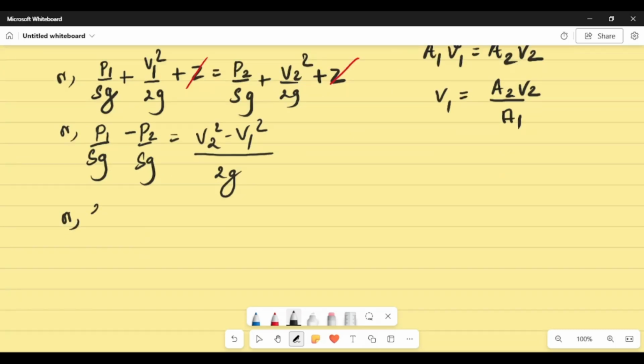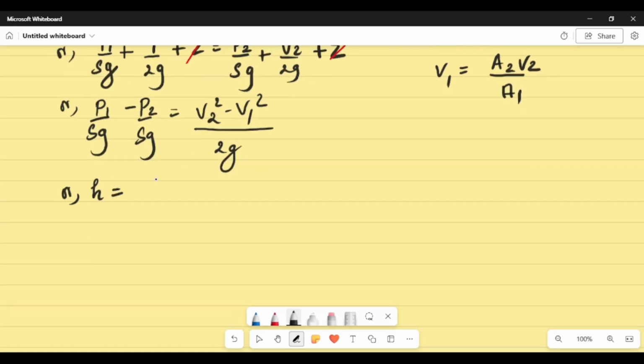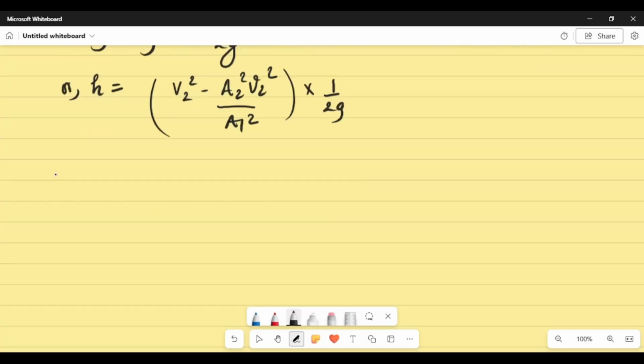All right, so this is also known as pressure head, and we can write this as the V2 is just as it is. Then we can write this as A2 square V2 square by A1 square, and then we can just multiply this by 1 by 2g.